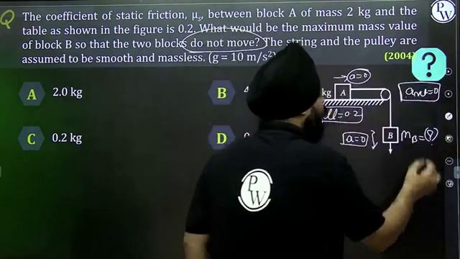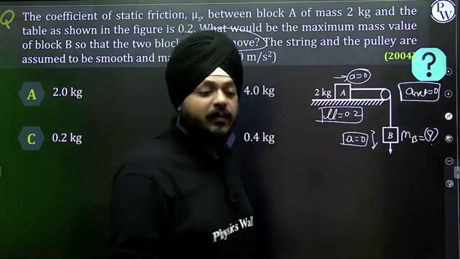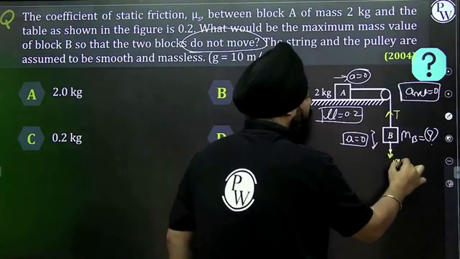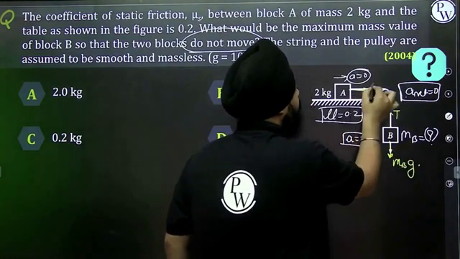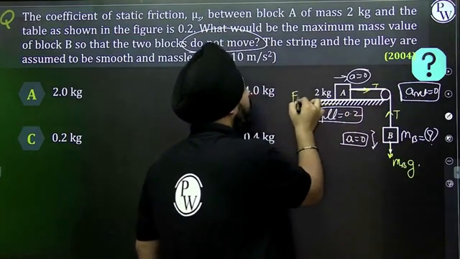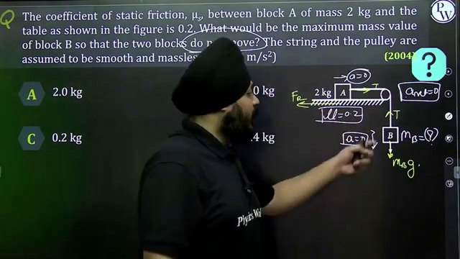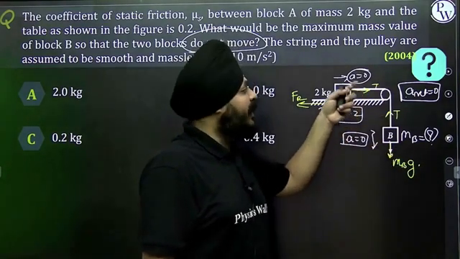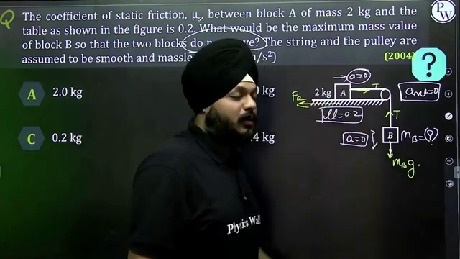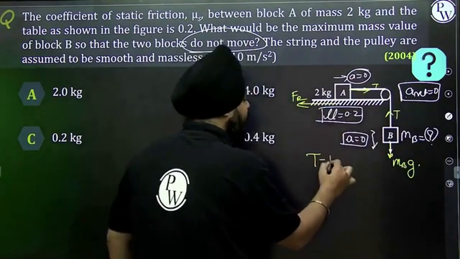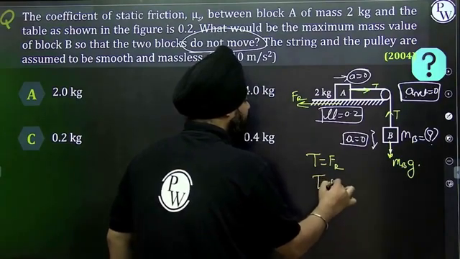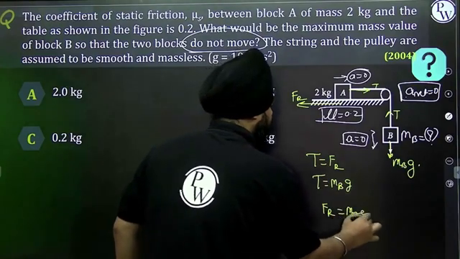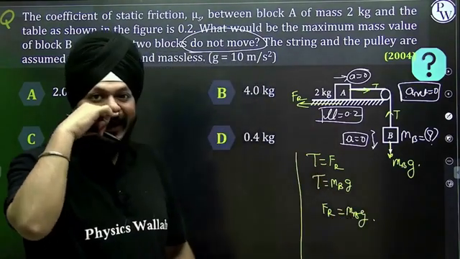Tension is in the upward direction, weight of B is in the downward direction, and tension in this direction is balanced by the frictional force. So tension is balancing the weight of B, and the same string is connected to A, so that same tension is balancing the friction. In another sense, friction should balance the weight of B.